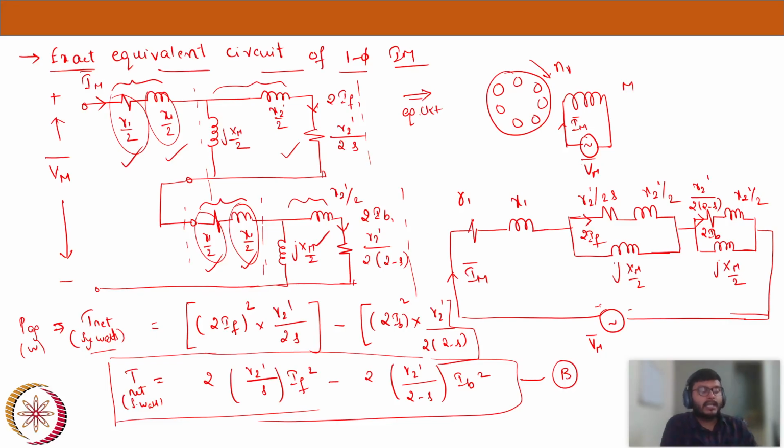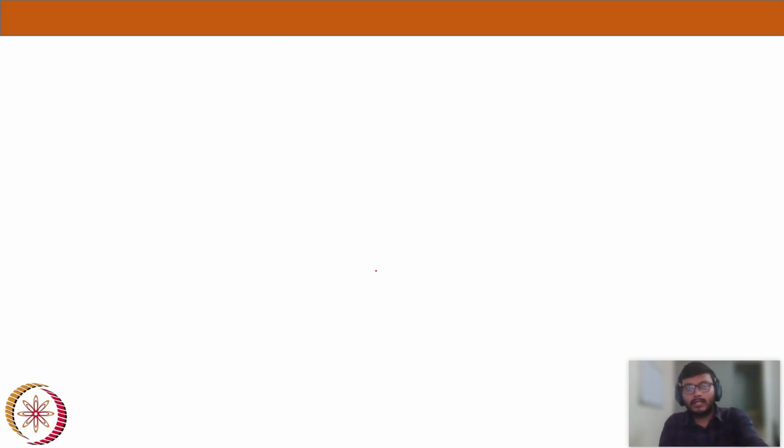This particular circuit is the single phase induction machine equivalent circuit, which is running on a single winding, that is only one main winding. Usually what we write here is the torque expression. We will replace 2 times IF1 square with I1 and I2.